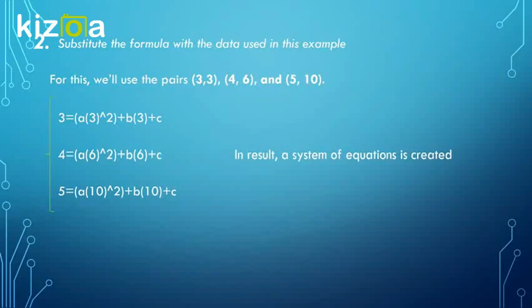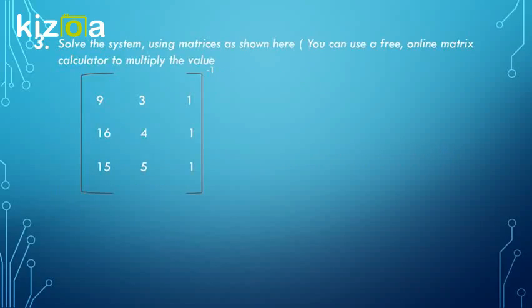Then thirdly, in the final step, we solve the system. You can use either linear combinations or matrices. I prefer matrices, as they can be easily solved using a free online calculator. At first, we'll have our matrix here. You see, it just overlays. And remember to raise it to the power of negative 1.